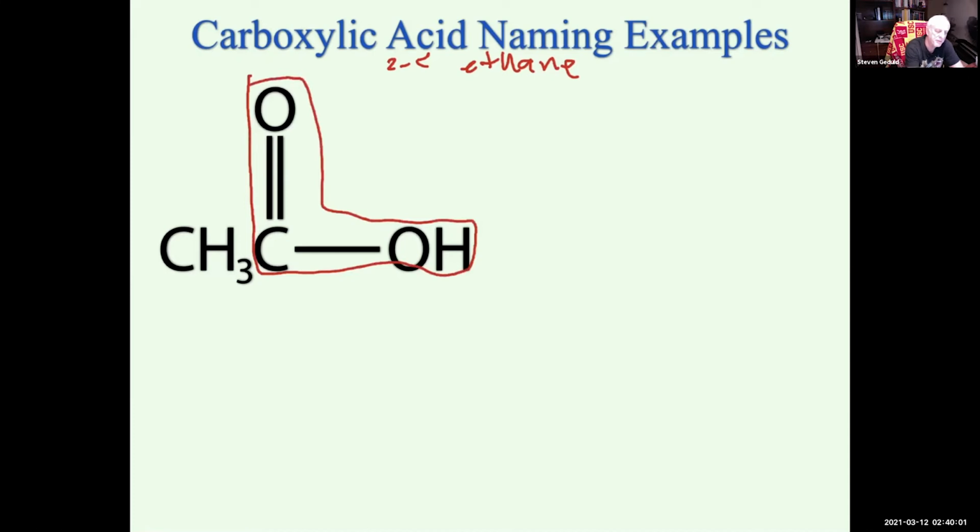So we drop the E and add OIC acid. So it's ethanoic acid. There's no substituents, no other attachments. That's it. Ethane is 2 carbons. Oic acid means there's a COOH group at the end.